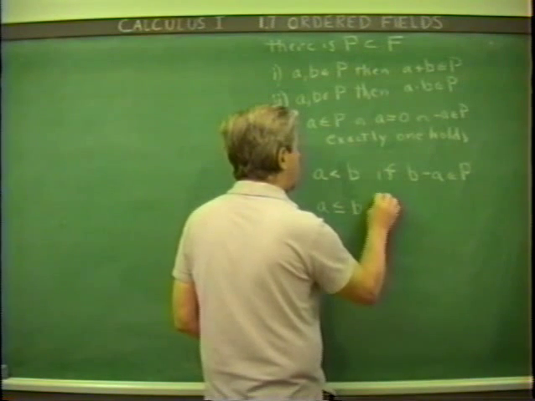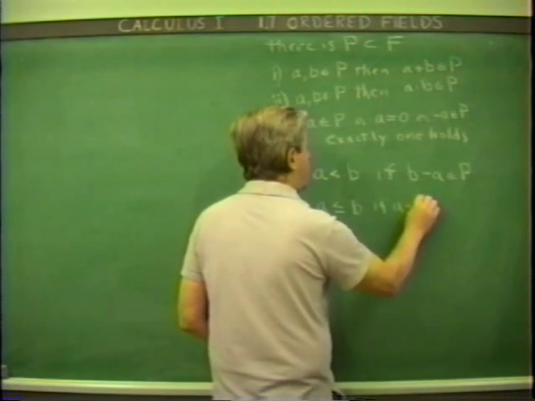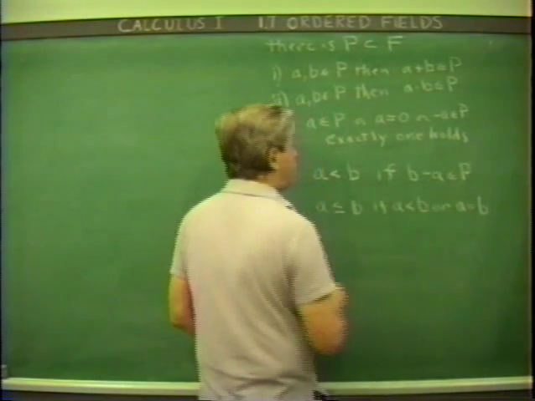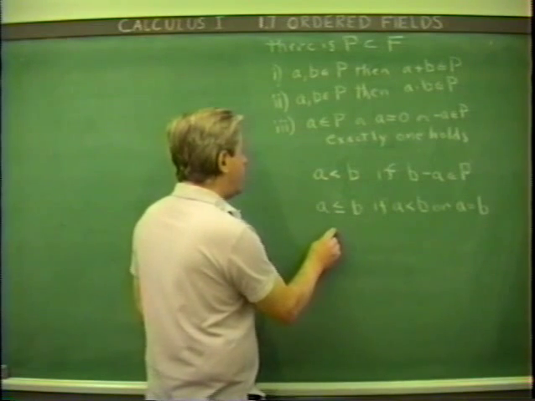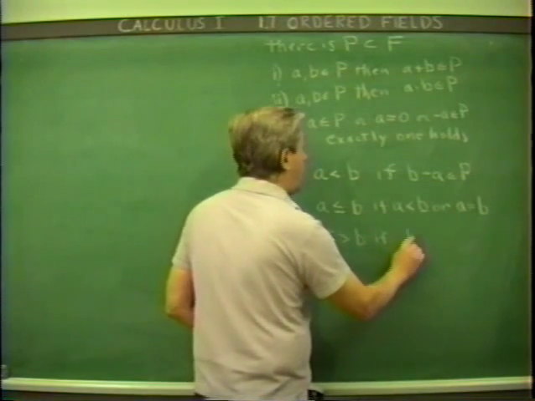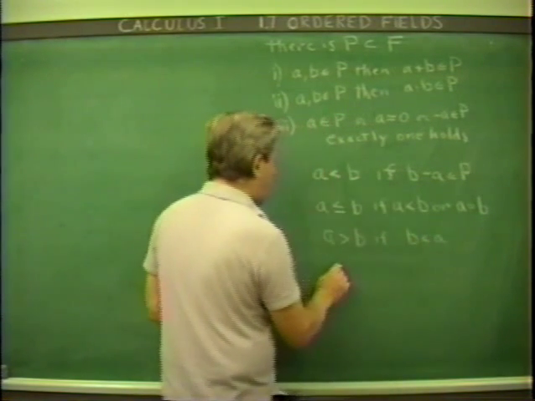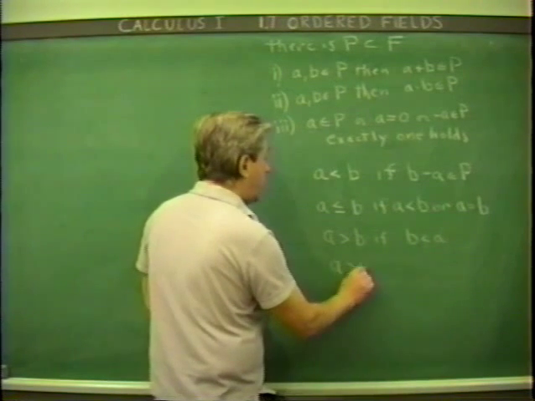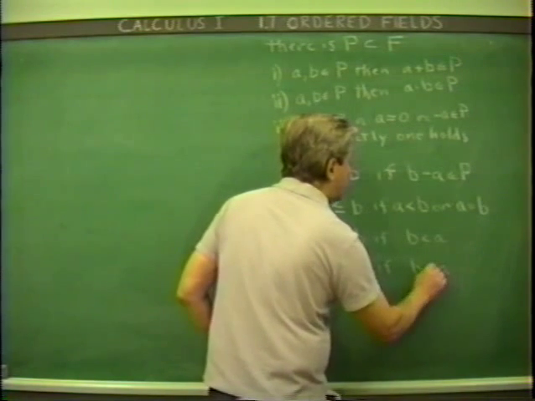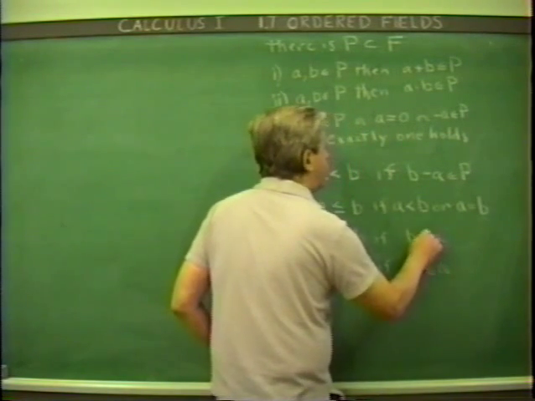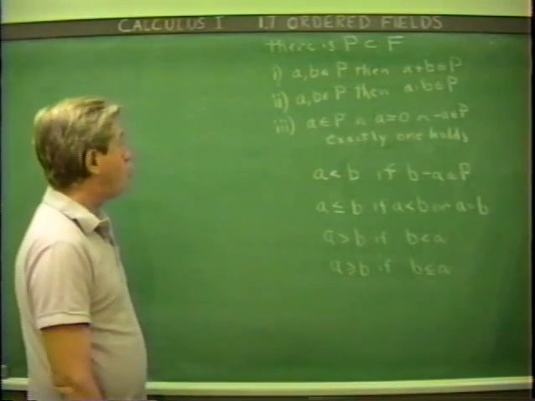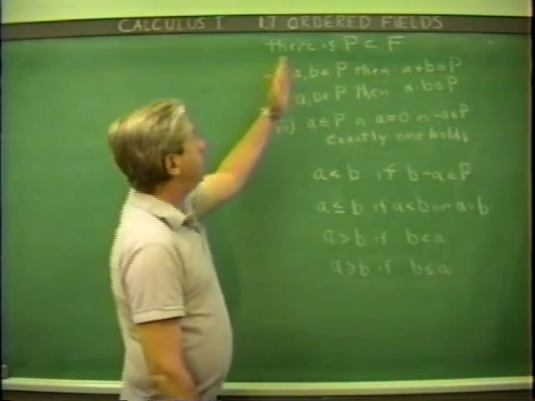We want A to be less than or equal to B if A is less than B or A is equal to B. And we want to write A greater than B if B is less than A, and A greater than or equal to B if B is less than or equal to A. This is for convenience, so that you can write these in whichever order is convenient.